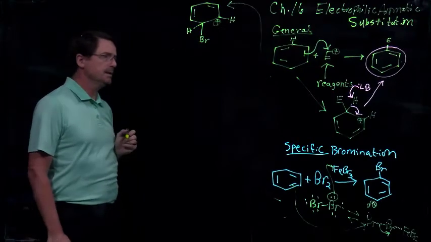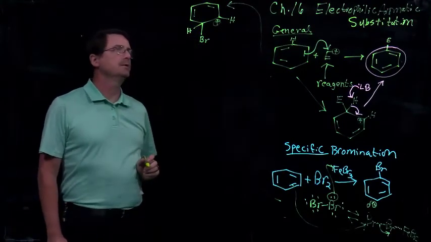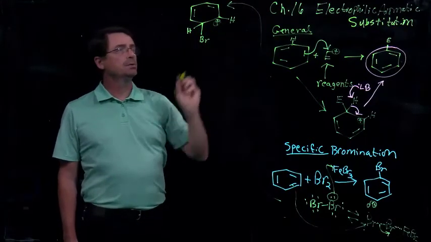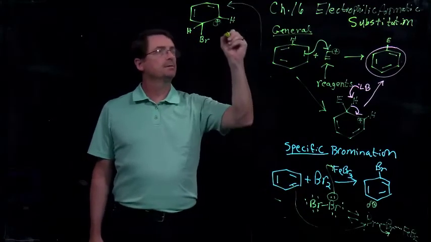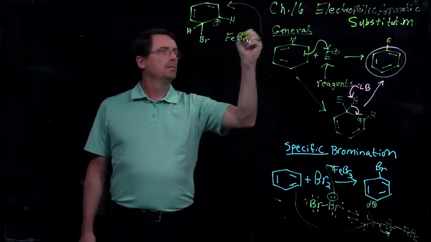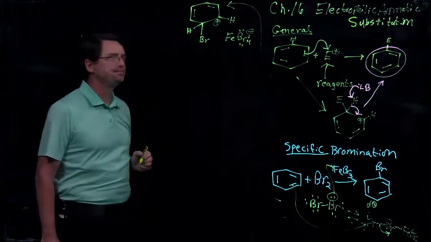So here's a specific example of the intermediate that I illustrated a few minutes ago. Of course, this has lost aromaticity. My charges have to balance. Okay, but first I need to balance my masses. FeBr4 minus. Of course, there are lots of lone pairs around those bromines.